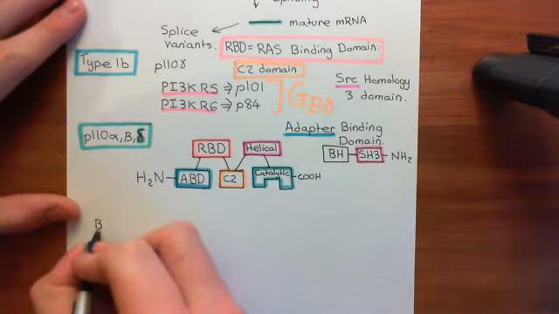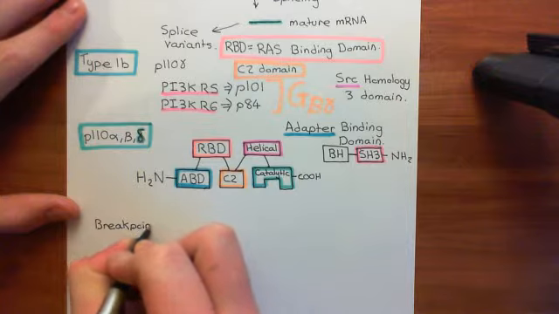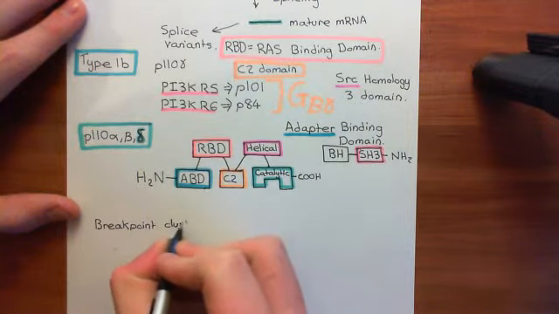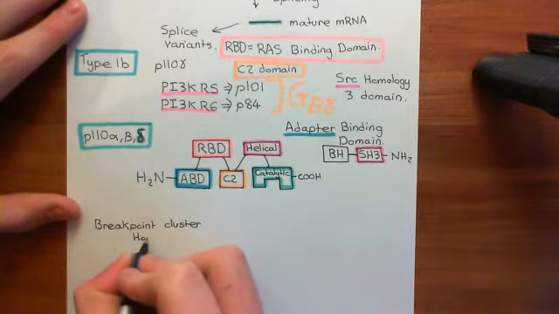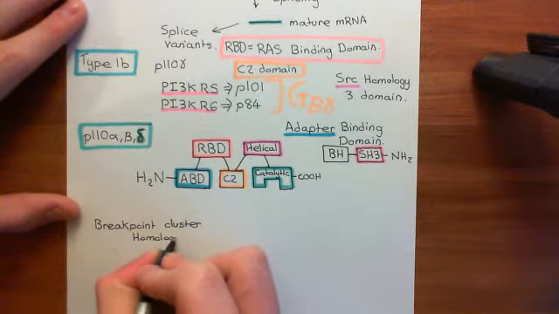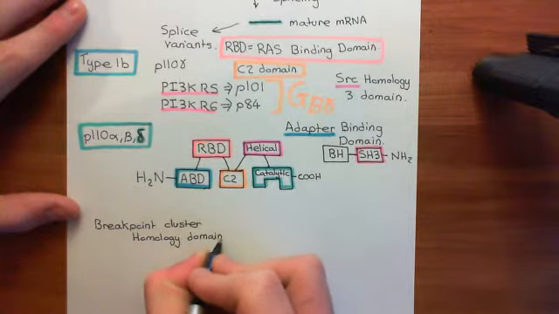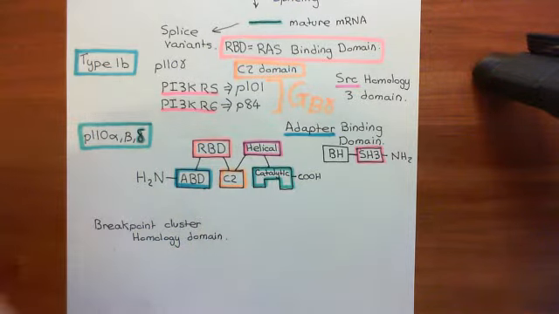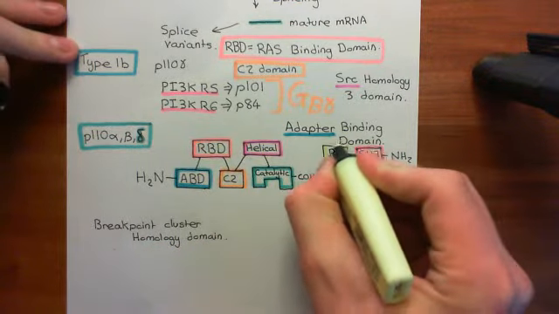This BH domain stands for breakpoint cluster homology domain. The B is for breakpoint cluster, and the H is for homology. Again, this is a domain that you find in many different proteins. It's just a conserved structure. So we'll colour this one in yellow here.